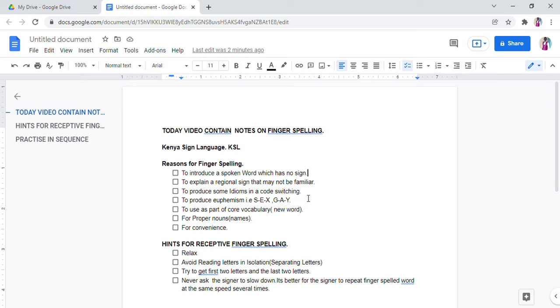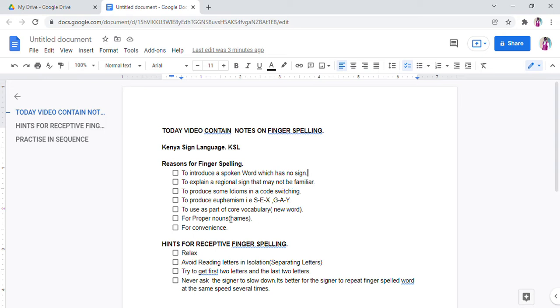To introduce euphemism, things like sex, you can't really sign sex depending on the context, so you definitely have to fingerspell it. Or gay, to use as part of core vocabulary when you have a new word.